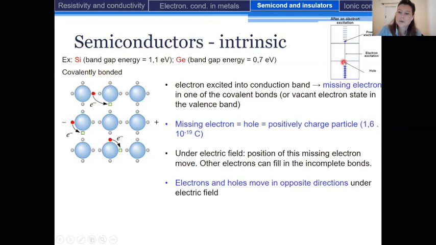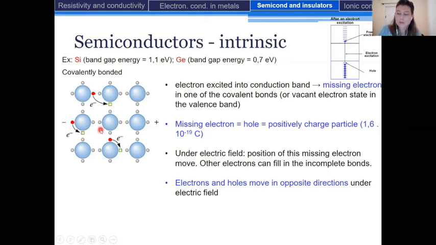So we have the creation of a vacancy, which we name a hole, and we consider that a hole is a positively charged particle, whose charge is 1.6 10 to the power minus 19 coulomb. And under an electric field, the electrons move, but also the missing electron or the hole is moving.